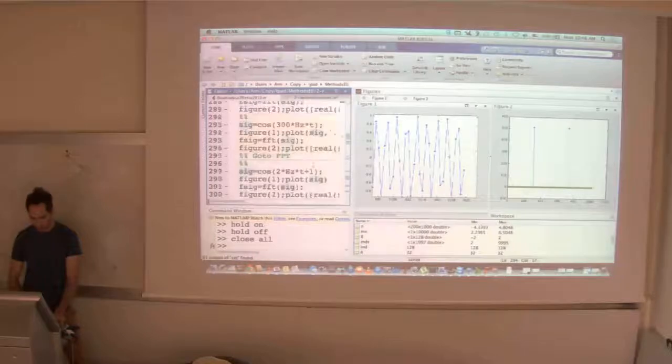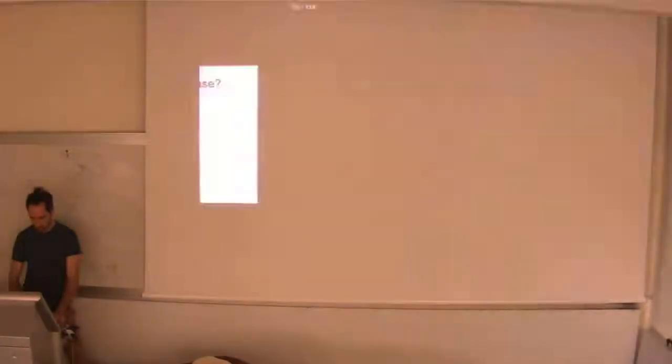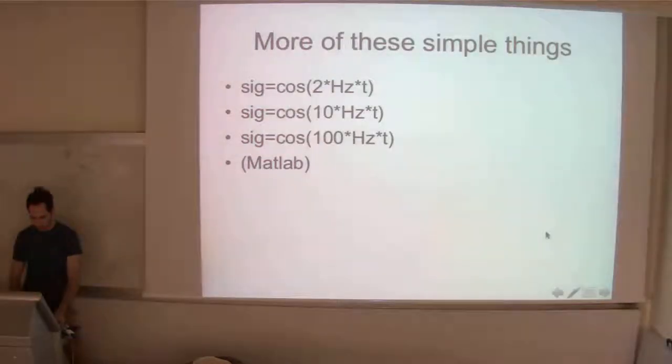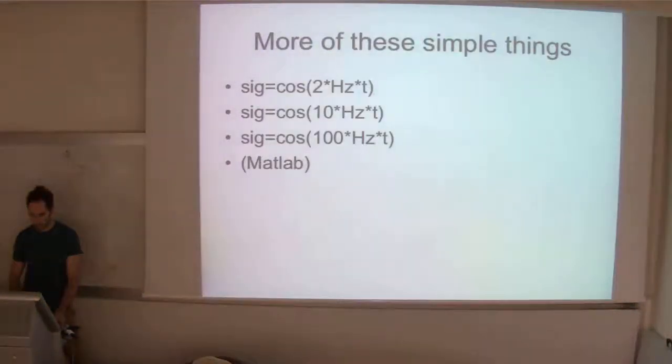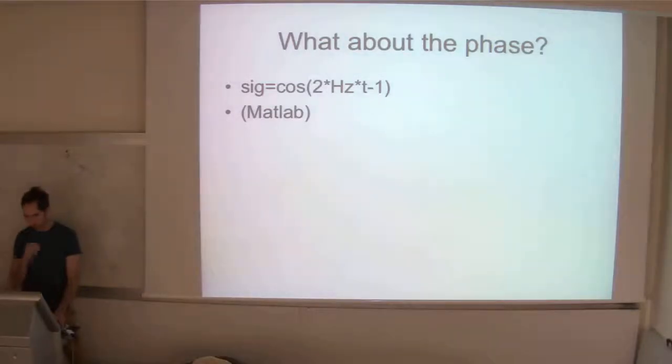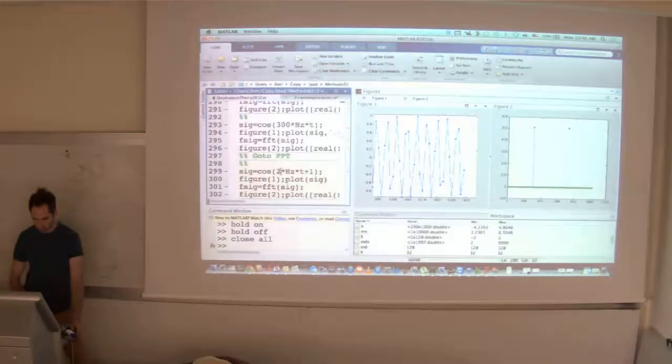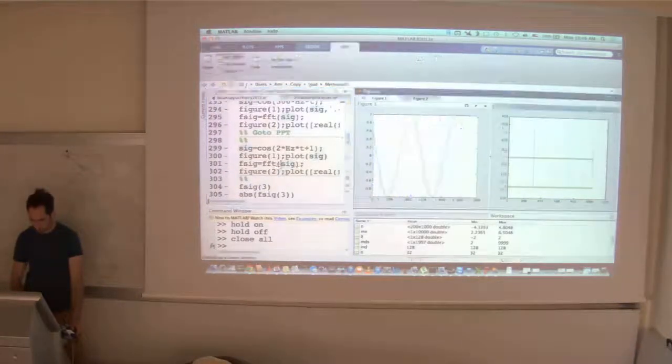Okay, maybe we continue a little bit. Go to MATLAB, go to PPT. Okay, what happened in the phases when we're not taking a whole cycle, we shifted a little bit here. Okay, so this is the wave.